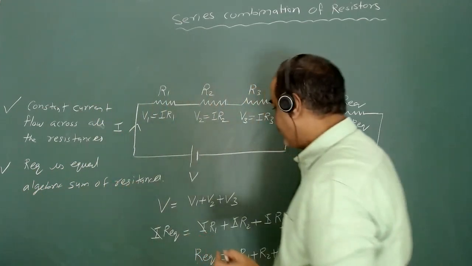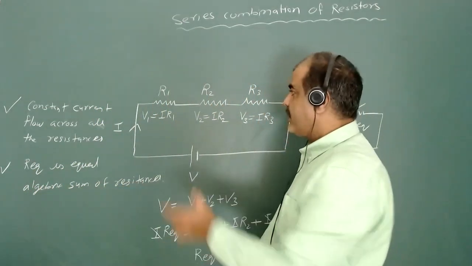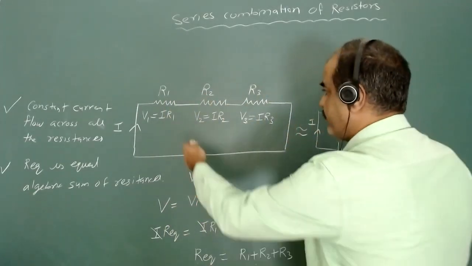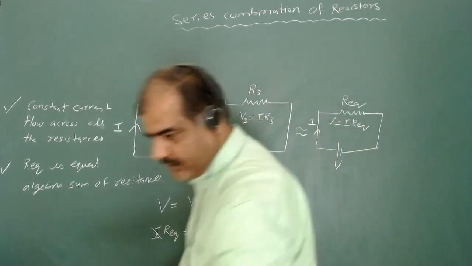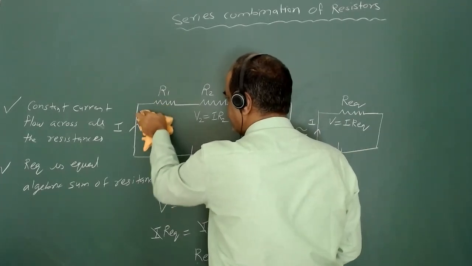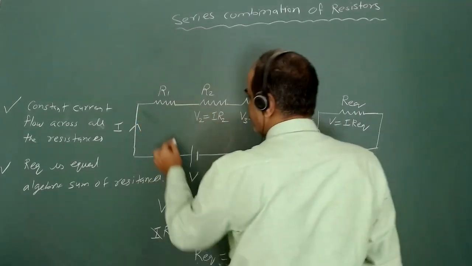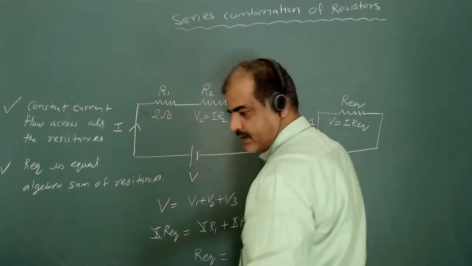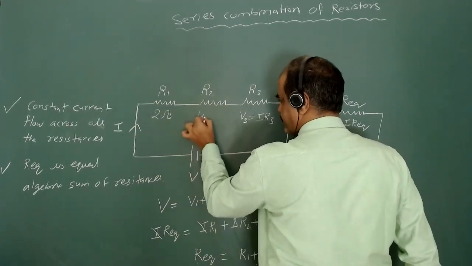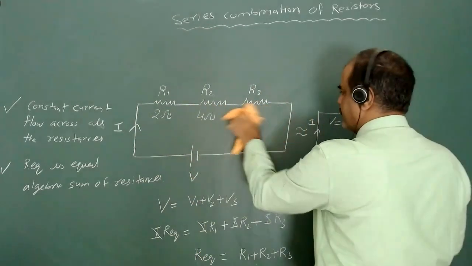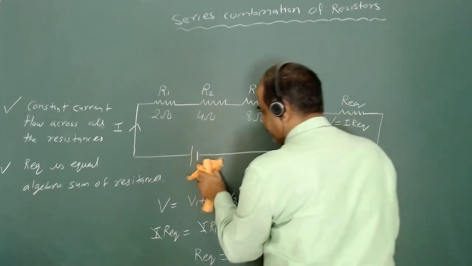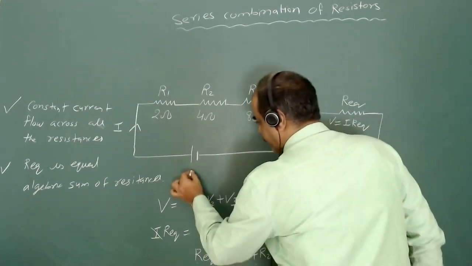Now suppose I want to calculate the voltage drop across each resistor. I'm giving some values to these resistances. Suppose R1 is equal to 2 ohm, R2 equal to 4 ohm, and R3 is equal to 8 ohm, and the voltage value is 14 volts.